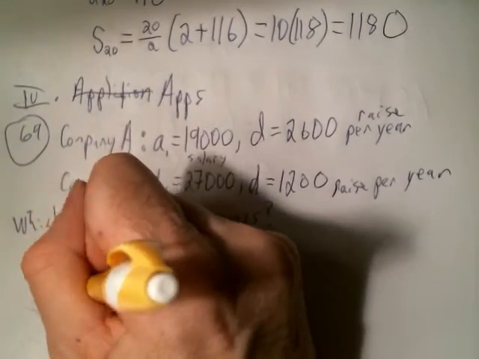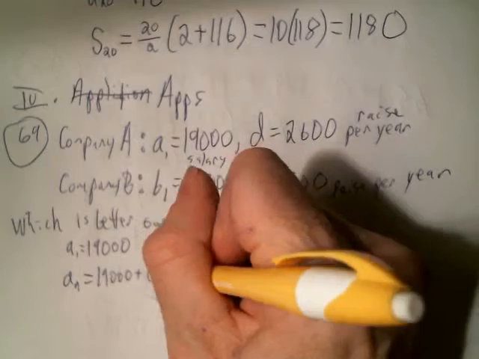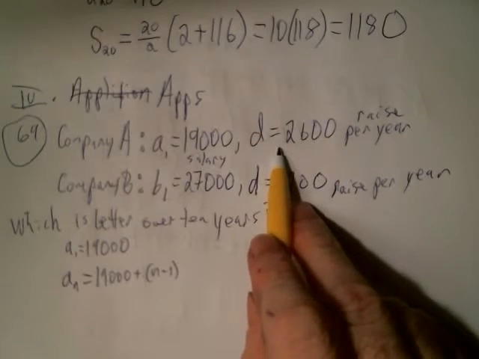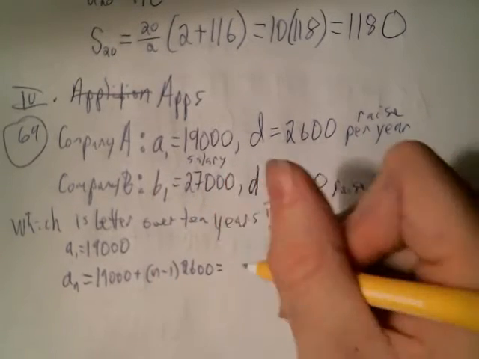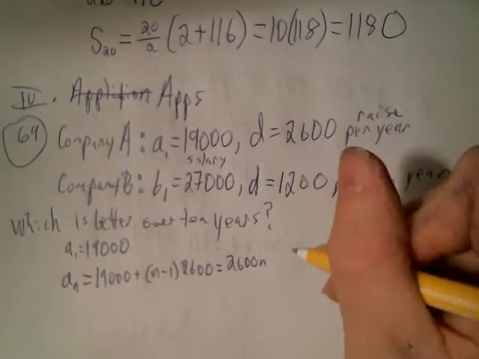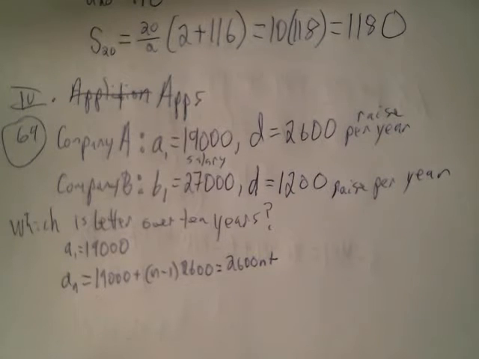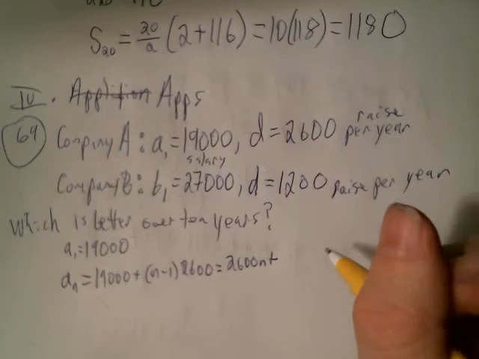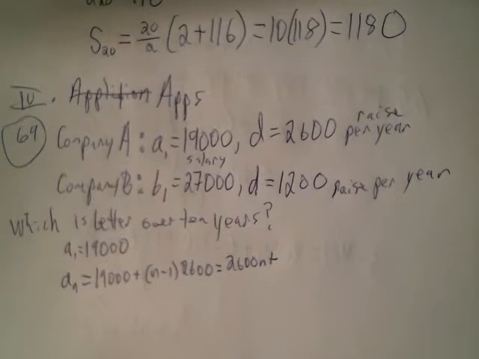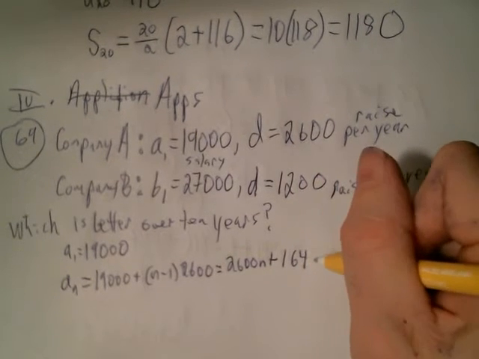And then A sub n will be 19,000 plus n minus 1 times the difference per year, which is, of course, going to be that $2,600 raise. Okay, so it'll be 2,600n plus 16,400.